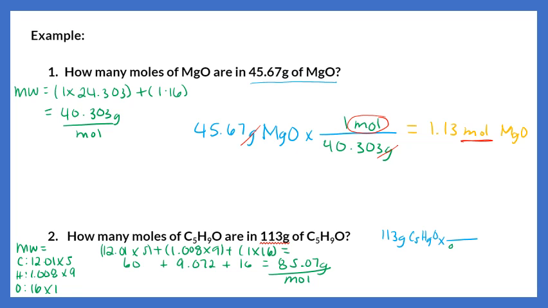We're going to divide by the mass, 85.07 grams, gives me my 1 mole, and that equals 113 divided by 85.07 equals 1.3 moles of C5H9O. And again, we start with grams, we divide by grams, leaving us measuring moles, so we're going to end with moles.